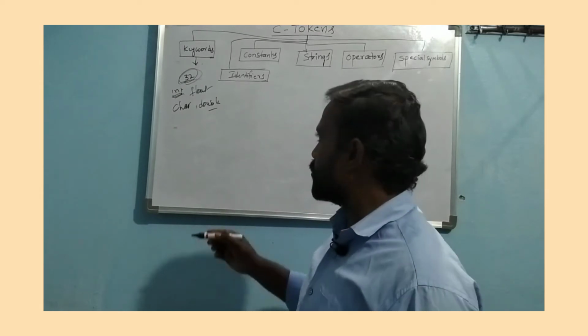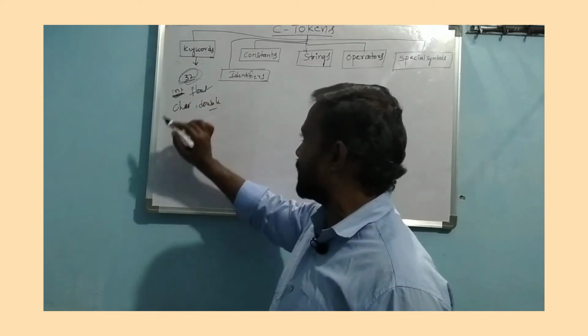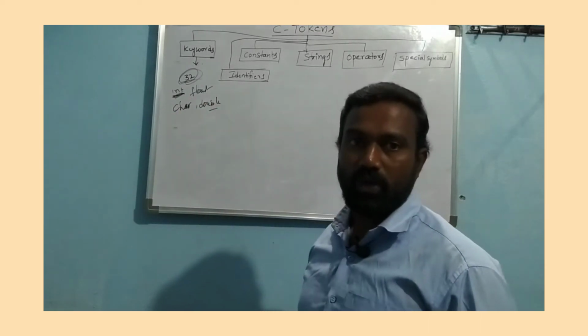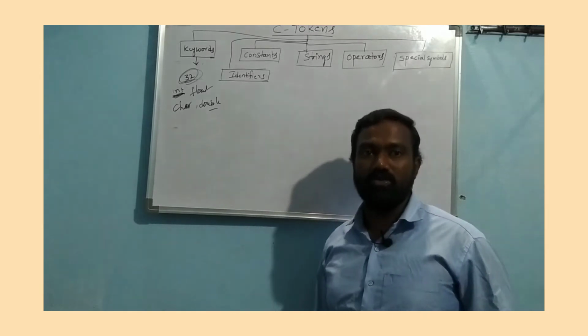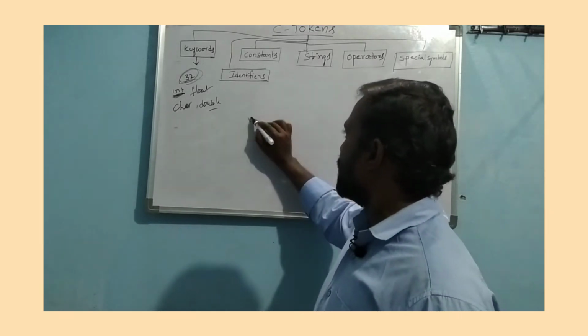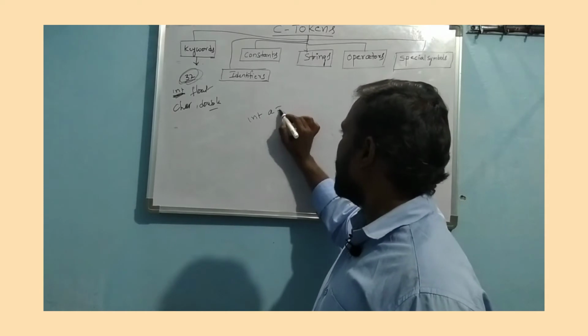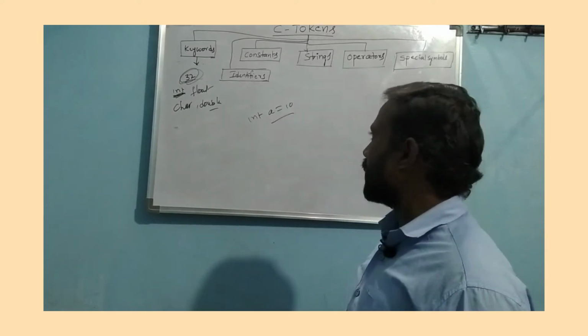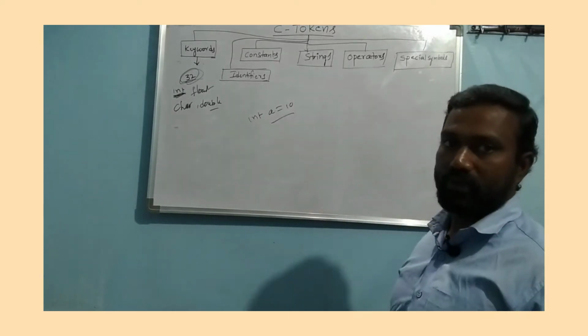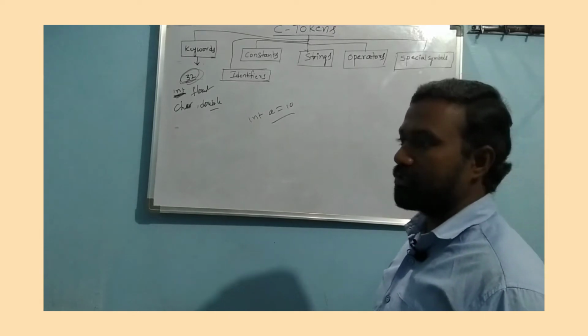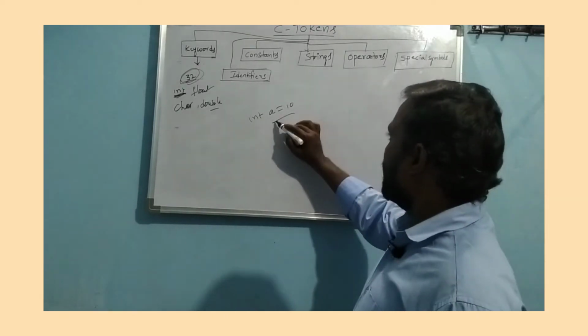For example, integer is a keyword, and it is mainly used to define integer values. What are integer values? For example, int a equal to 10. In C programming language or any other programming language, we cannot write directly a equal to 10.